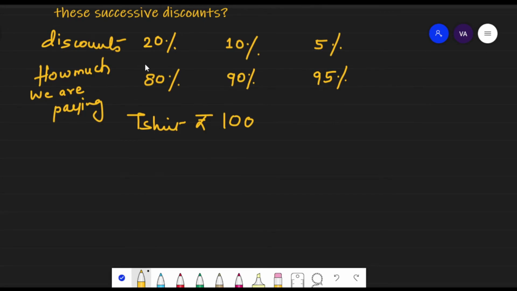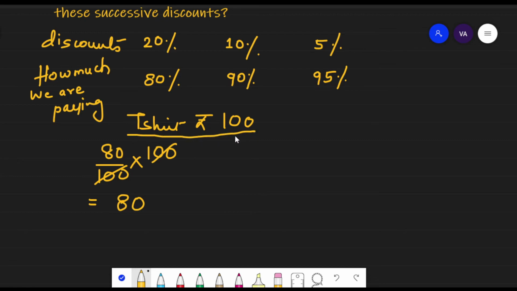So when we were given 20% discount, we were actually paying only 80%. So 80% of 100. That means how much are we paying? Just 80 rupees, because we have assumed that the t-shirt is costing rupees 100. Now, the next discount is 10%.